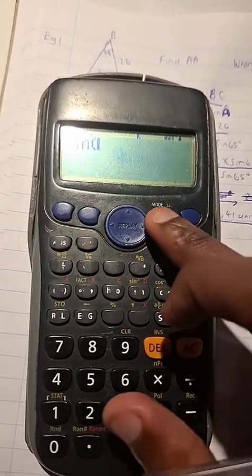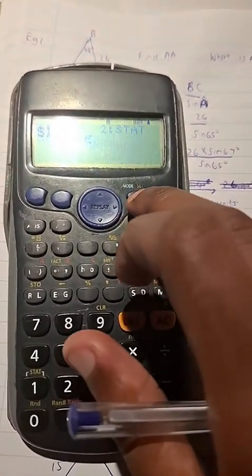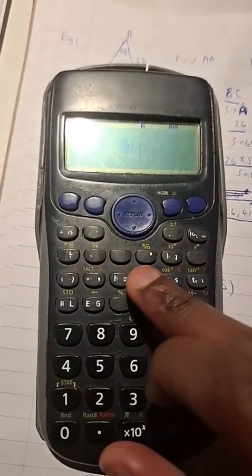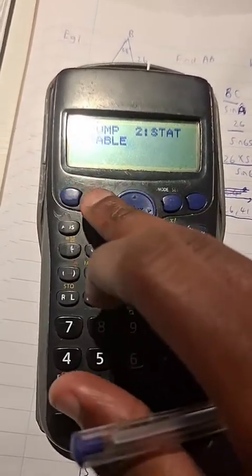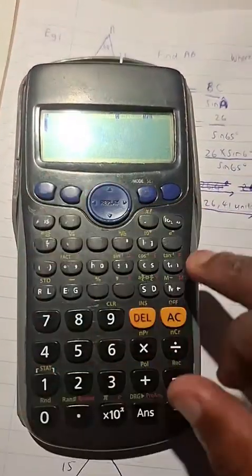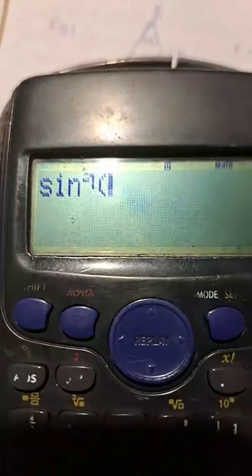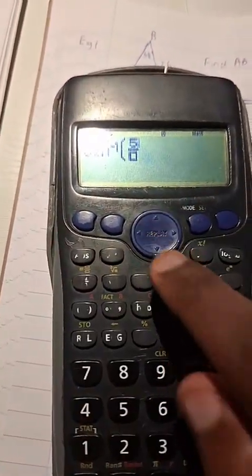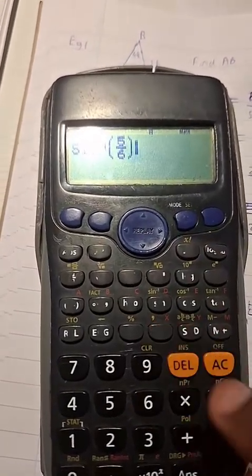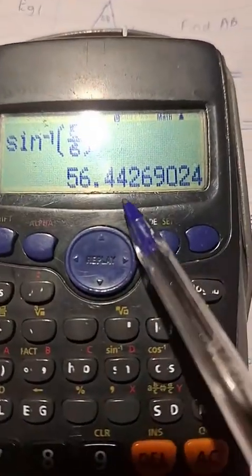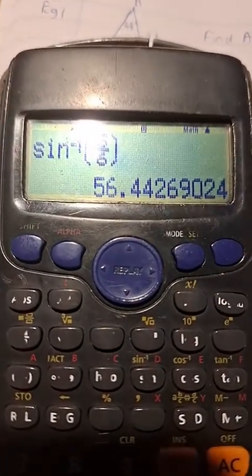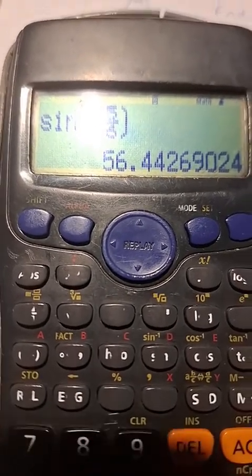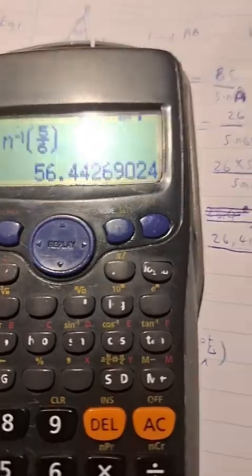Okay, that was not supposed to happen. Okay, so let's just say shift, the inverse of sine, 5 over 6, close. Then what do I get? Angle K is 56,44 degrees.